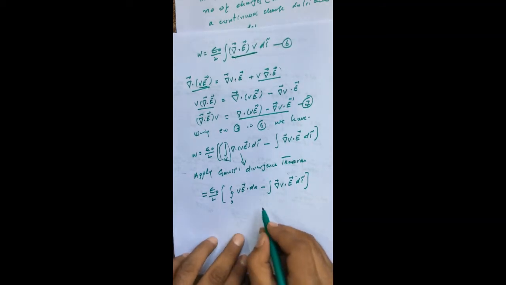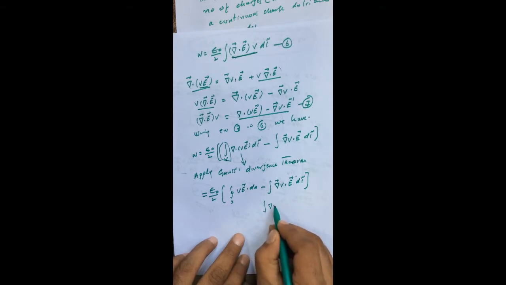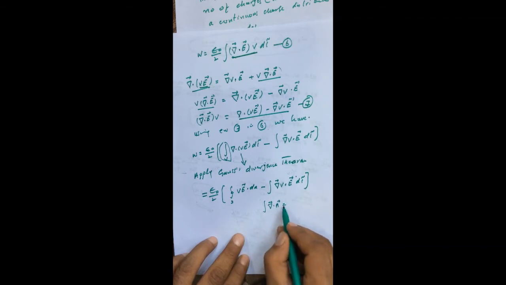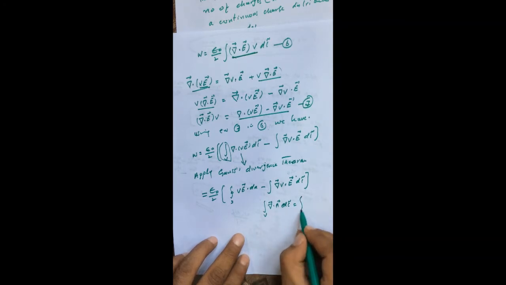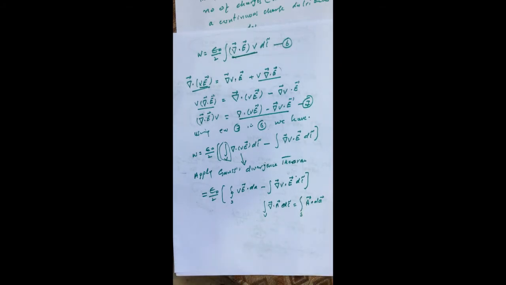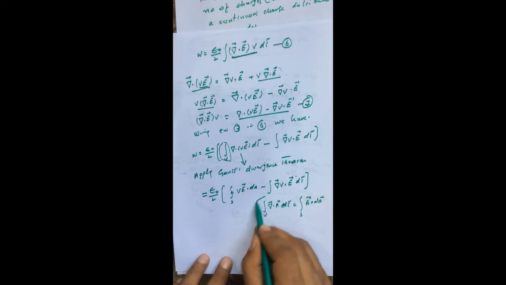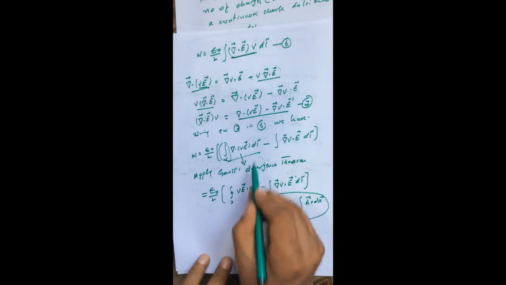The divergence theorem says the volume integral of del dot some vector quantity A into d tau is equal to the surface integral of that quantity A dot dA. So I applied this divergence theorem to this one, and I got this relation.